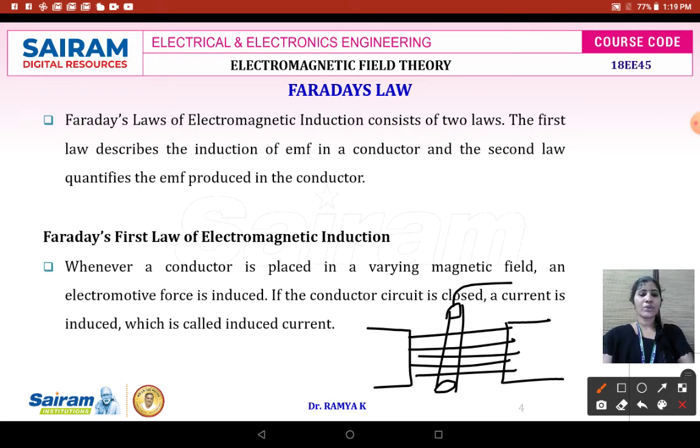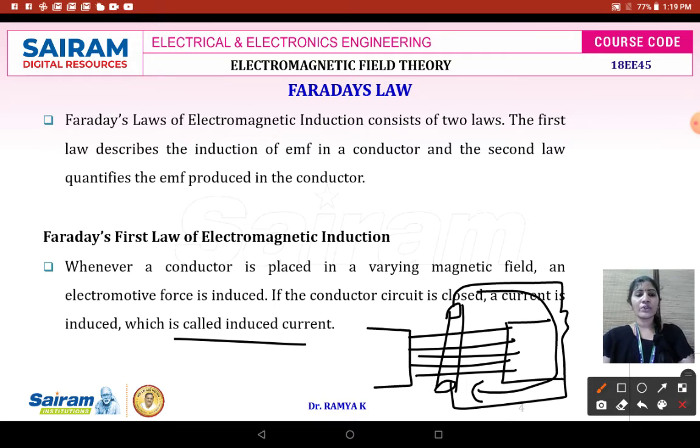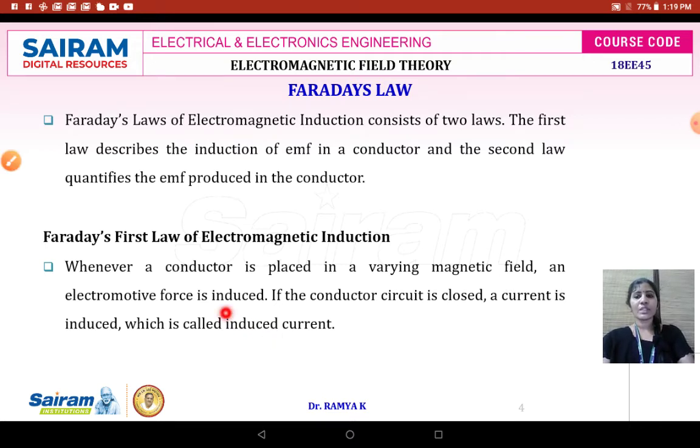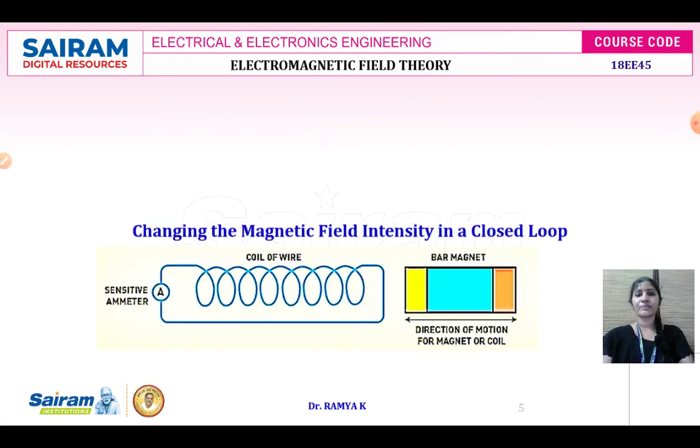If this circuit is closed with any external load resistance, then it causes the current to flow through the circuit, which is called your induced current. That is why the law is described as: when a conductor is placed in a varying magnetic field, an electromotive force is induced, and if the conductor circuit is a closed circuit, then a current flows, which is called your induced current.